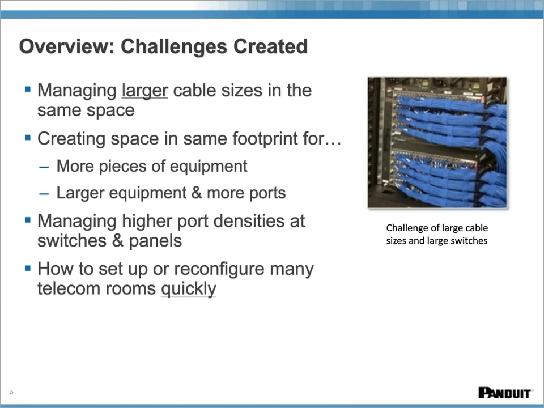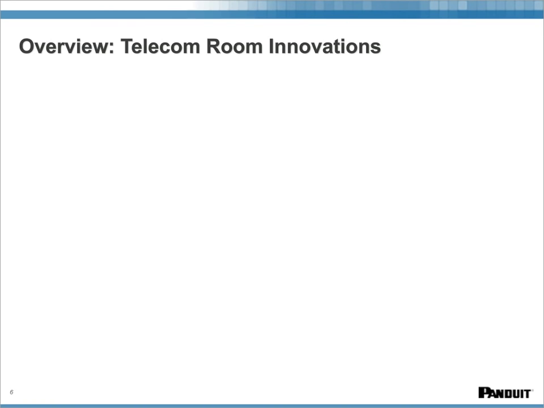So it really boils down to challenges of space and time. And these are the two key areas of challenge that we see in the industry, and the challenges that the innovations will address.